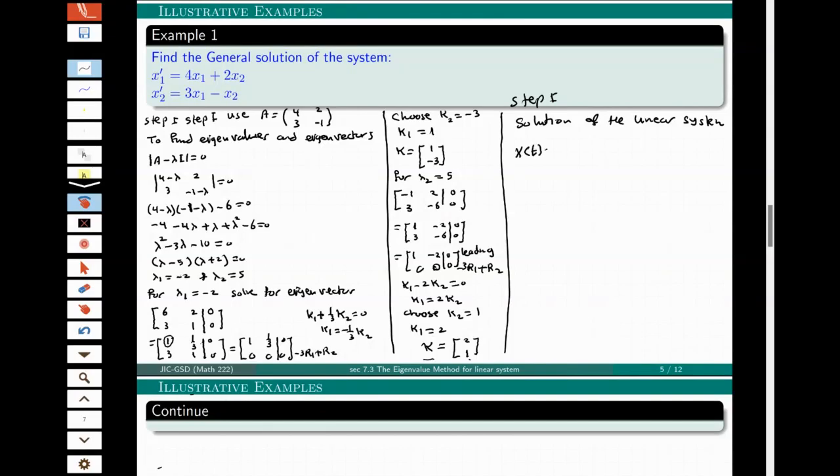It will be x of t, which is c1 e to the power lambda 1, which is minus 2t, and the eigenvector of the first one, which is 1 and minus 3. c2 e raised to the power 5t, and the eigenvector, which is 2 and 1. That's all. That's the only added step.